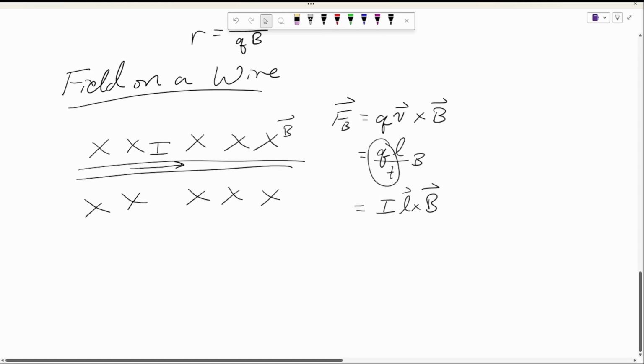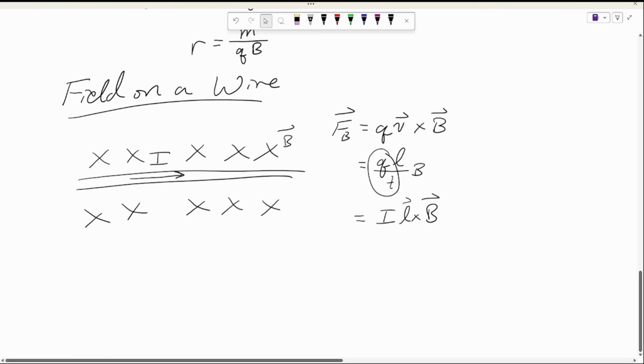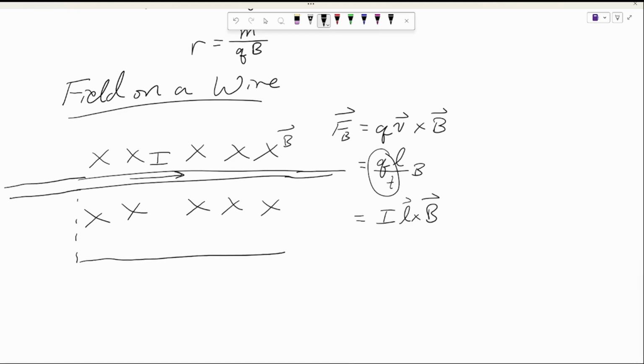The L is the vector instead of the I, but it's the same thing either way. The L is just the length of the wire that is actually in the B field. So if this wire were to continue, but the B field were not to continue, then the L would just be this length here.